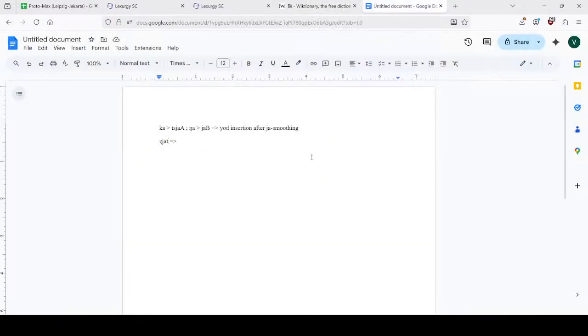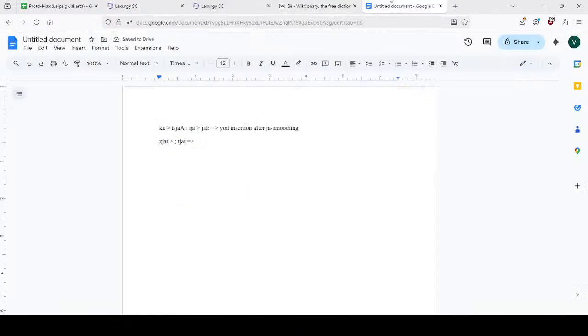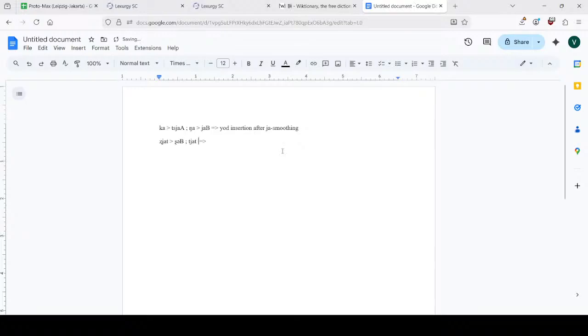Ya to sh, I think. Yes. Ya to sh and ya to... ya implies that ya smoothing happens after final stop.